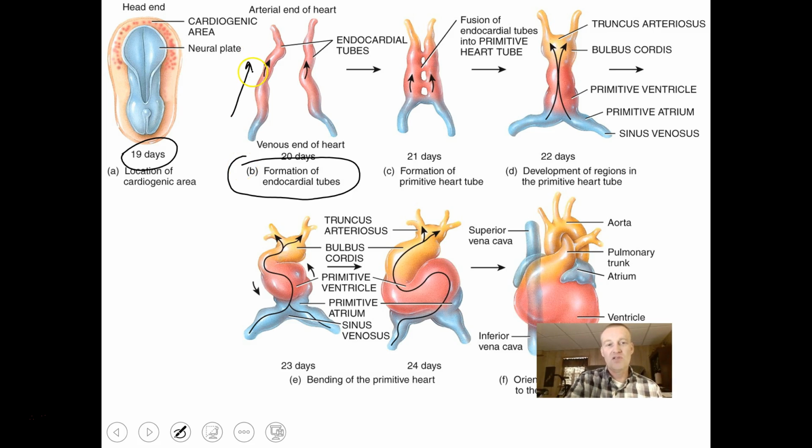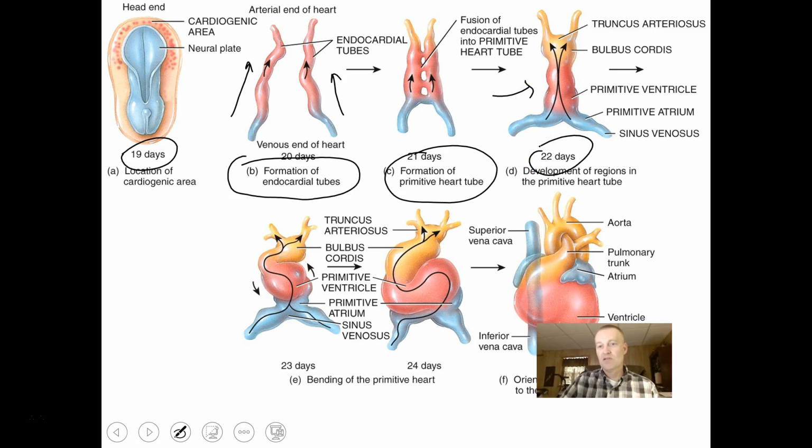You can see blood moving in these directions here. Here they basically will fuse together to form one tube. That's at 22 days. And that tube will begin to fold. So literally the tube bends and folds. So at day 24 you can see it's folding. This little portion right here will go up this way and form the atria.